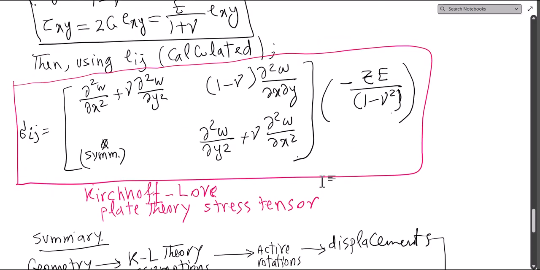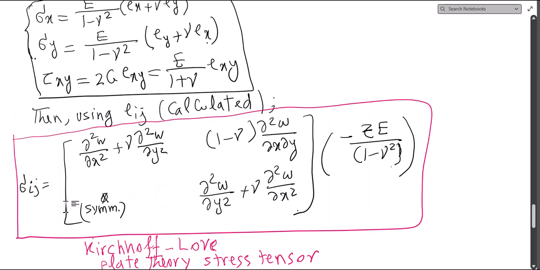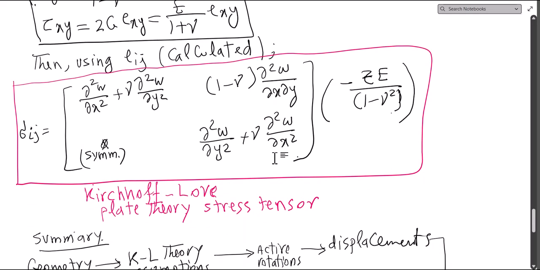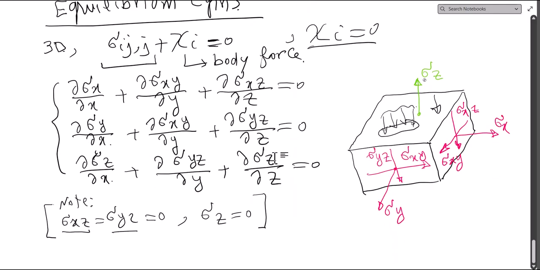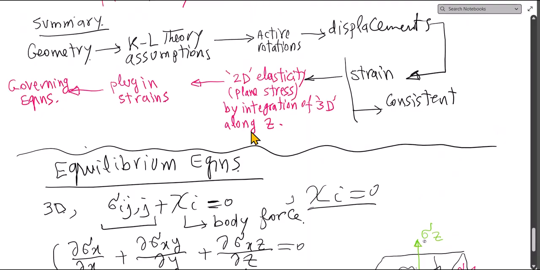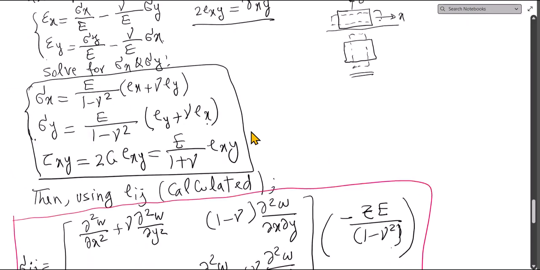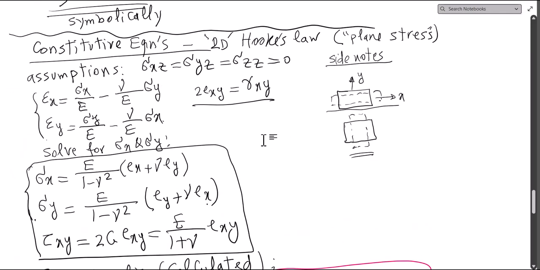But at the same time, we see that our resulting stress tensor using the Kirchhoff-Love assumptions doesn't give any values to these stresses. So again, you see that we have some contradiction here. So what we will do is play the same trick that we played on the constitutive equations.